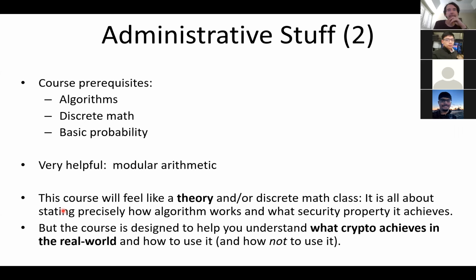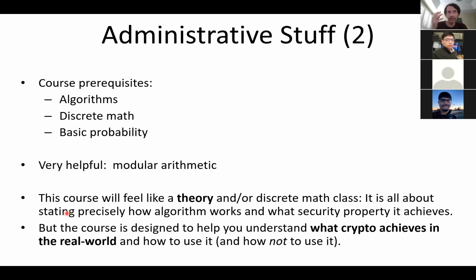And this class will very much feel like a theory class, because it's about algorithms, and understanding why an algorithm has some security properties. Stating the security property is basically another property of some algorithms, namely the attacker.